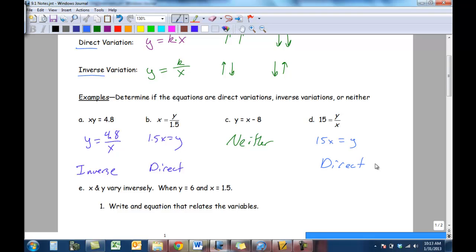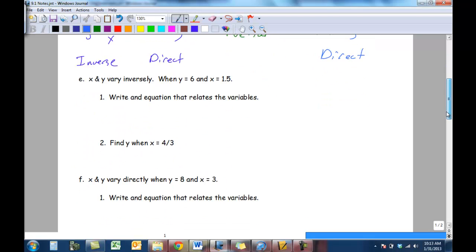All right, so we've actually done direct variation way back in Chapter 2. And this is a similar type of problem, except that it's going to be varying inversely. And they give you what y and x are. Well, let's write this down. Inverse is y is equal to k divided by x. Like I said, they gave us y, they gave us x. What they didn't give us was k.